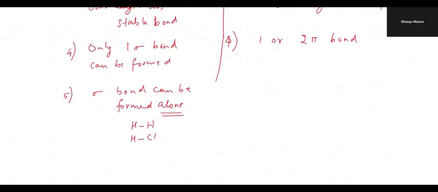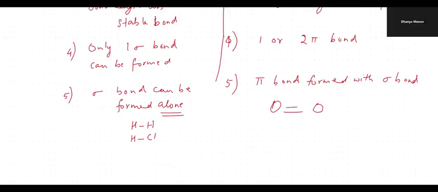But a pi bond is formed with a sigma bond. For example, oxygen: first sigma bond is formed, then pi bond is formed. So it cannot be formed alone.